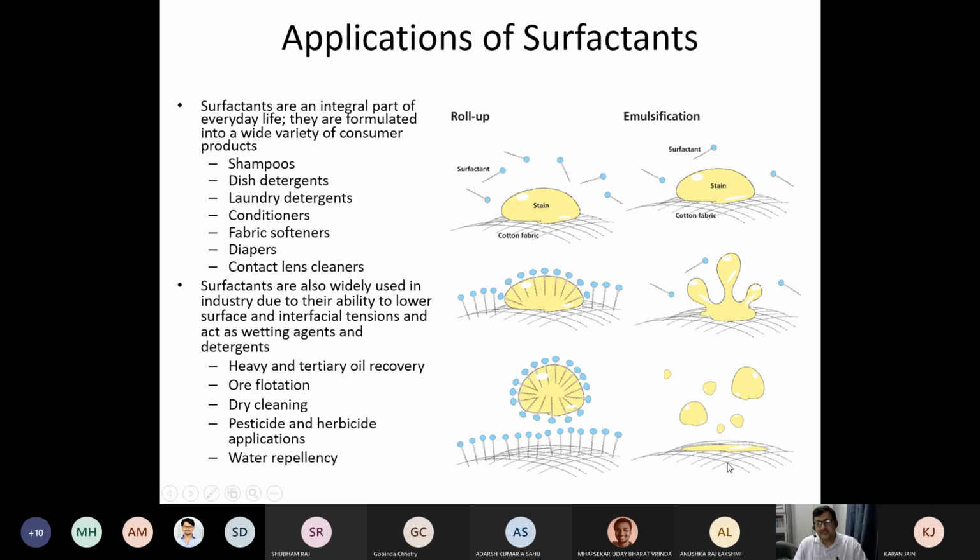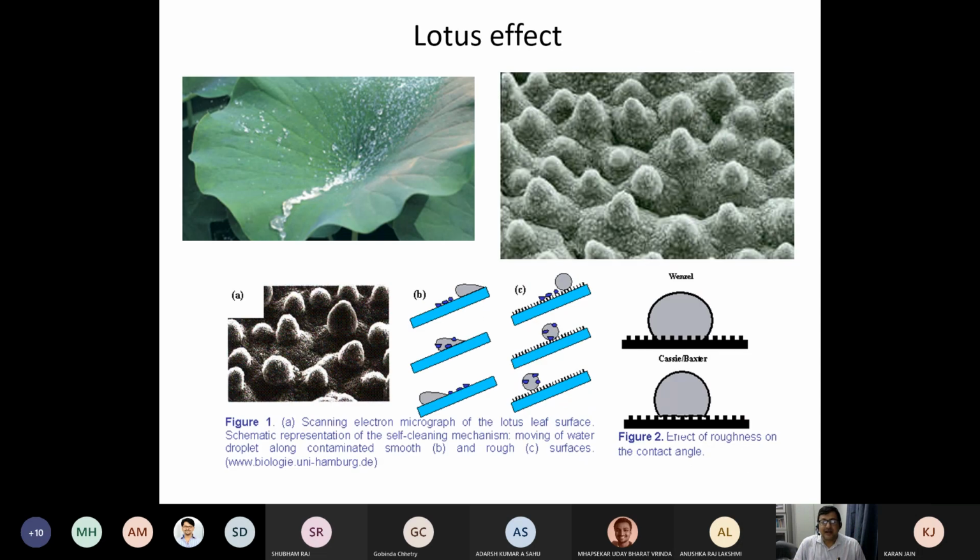Now if you brush a little bit, you put in some more energy, the entire stain or dust will be out of the surface. So with surfactant, you play a game to maneuver the surface tension force in order to do different types of cleaning actions. And it has a very beautiful science behind it, which we'll try to understand.